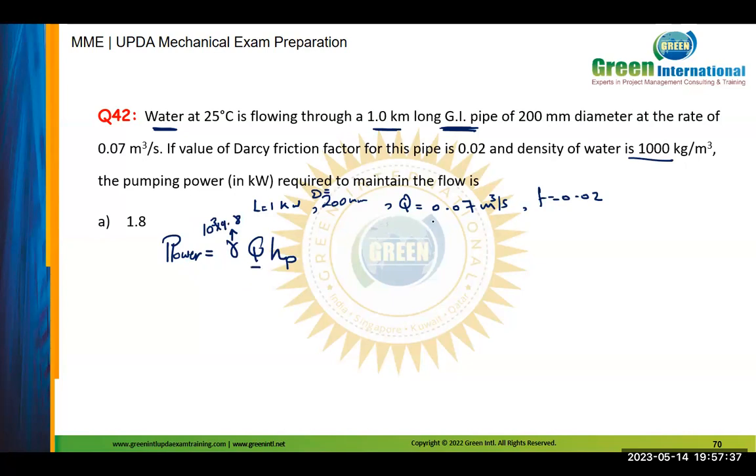Q is given. So what is remaining? How to get the head of the pump? Yes, the energy equation.